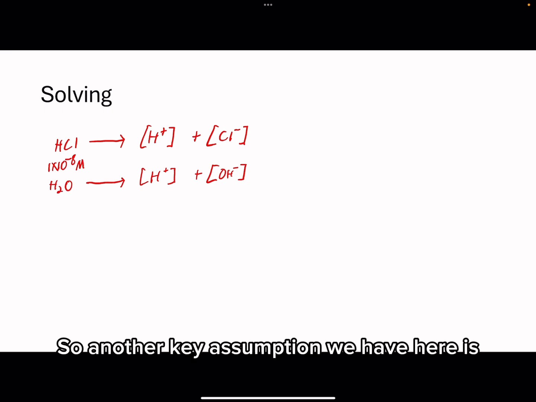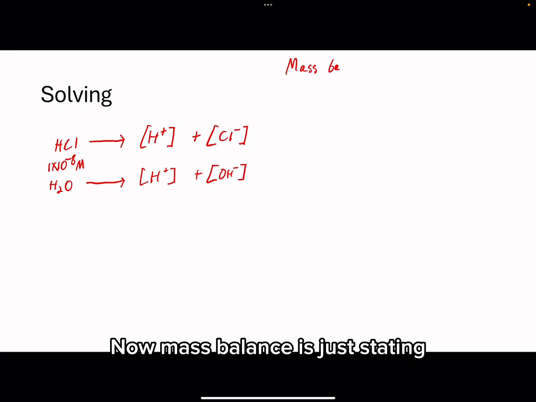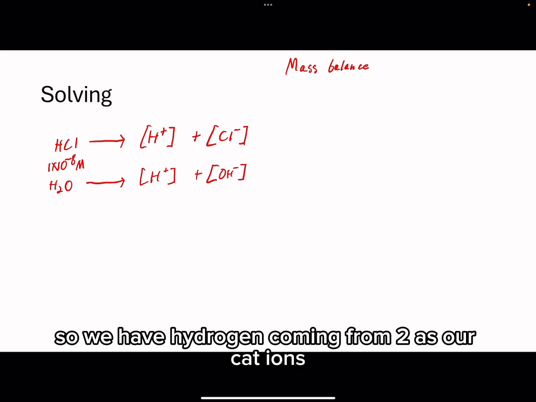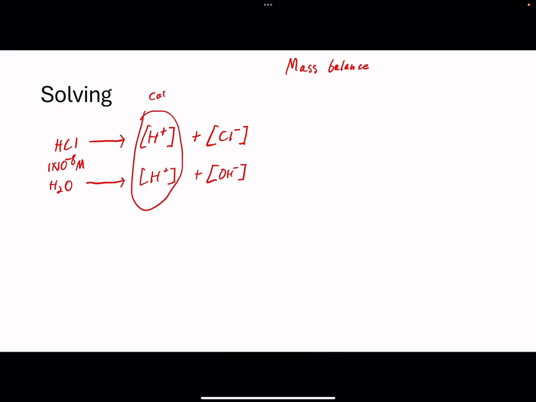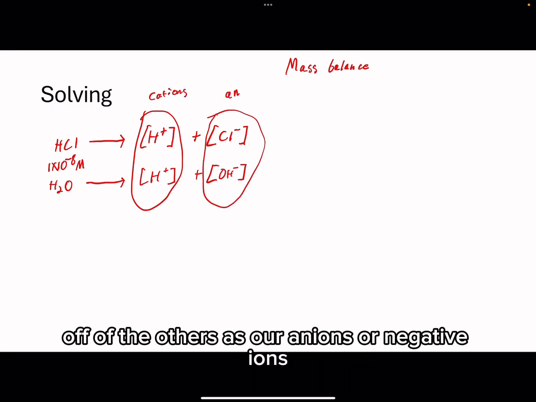So another key assumption we have here is we have to do something called a mass balance. Now mass balance is just stating that the ions that are coming off of both of these solutions. So we have hydrogen coming from both as our cations, the positive ions. And then we have chloride and hydroxide coming off of the others as our anions, or negative ions.